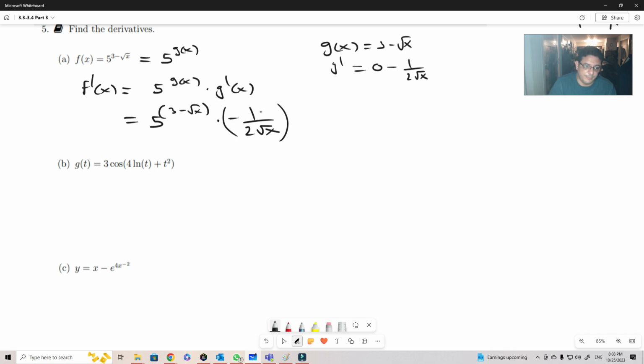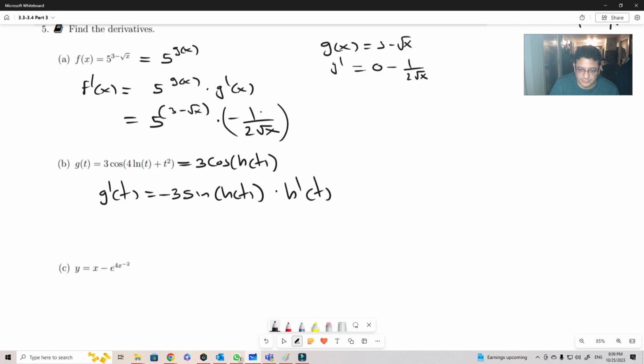Now for b, notice that we have 3 cosines of something. So we can see this as 3 cosine of a function h of t. And cosine is easy to take the derivative of, so g prime of t is just going to be minus 3 sine of h of t. And because we took a derivative, now we've got to multiply by the derivative of the function inside. But who's the function inside?